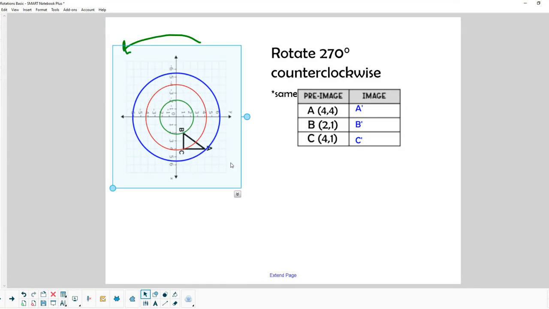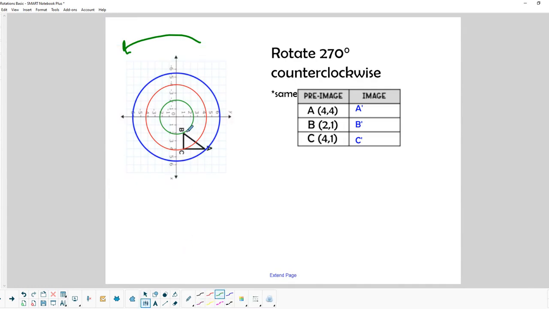There we go. So let's look at the coordinates of those points. B prime would be 1, -2. C prime would be 1, -4.